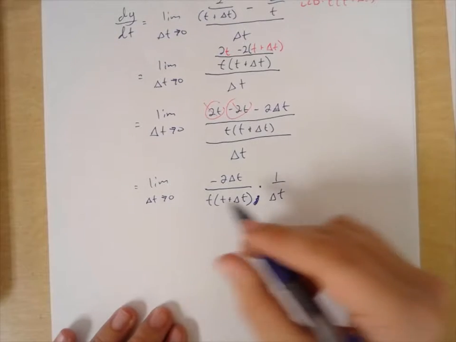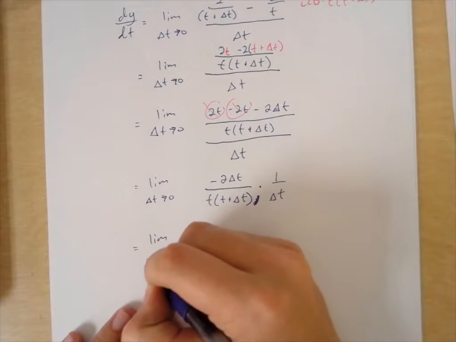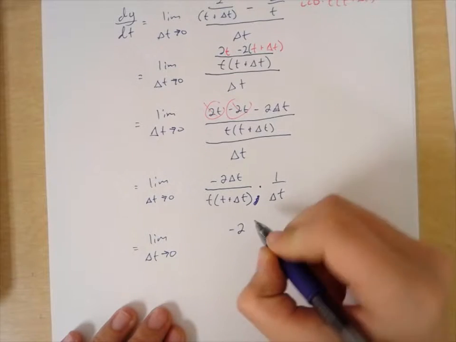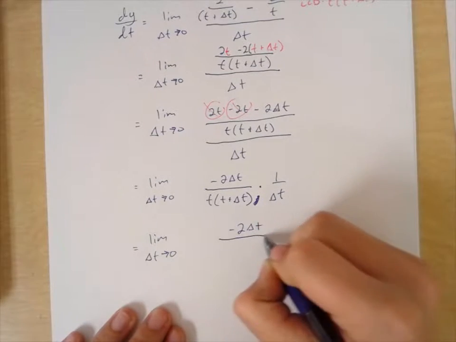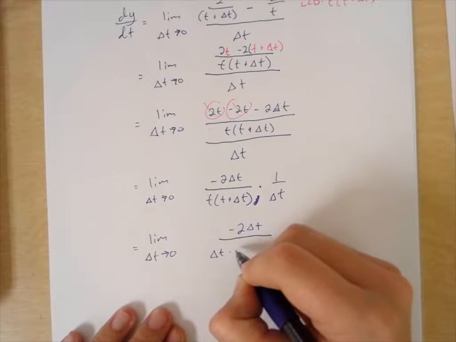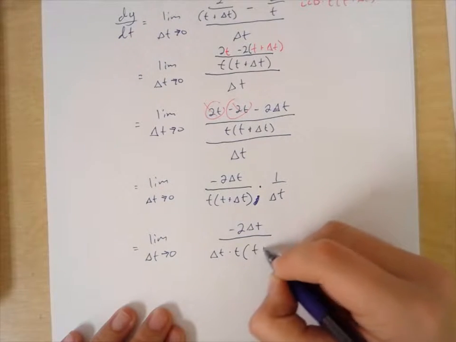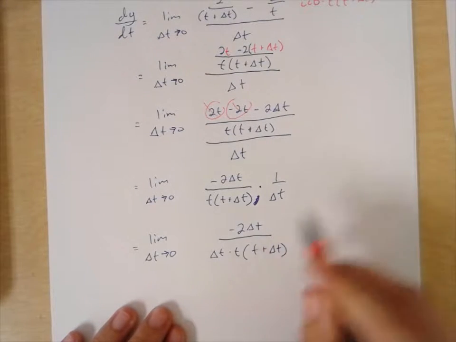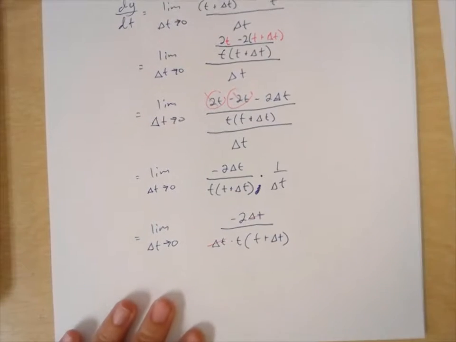And so essentially what that means is that we have negative 2 change in t, and then we have change in t times t outside t plus change in t. And we can see we have a change in t top and bottom, so we cross those out.